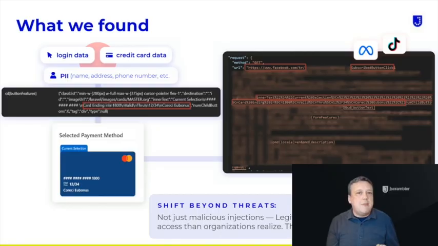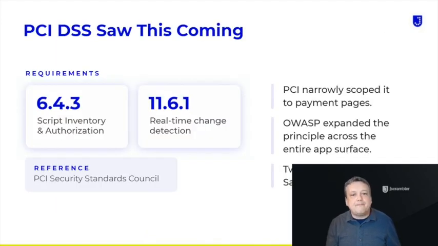We're not just talking about malicious actors anymore. Legitimate, well-known scripts from major platforms are operating with broader data access than organizations realize. And that can change without you ever knowing about it. This is governance exposure. It's not just security exposure. And this is what we're actively investigating across the industry right now.